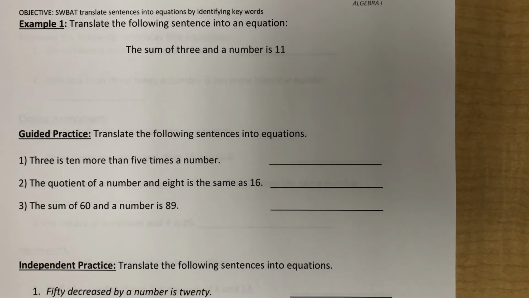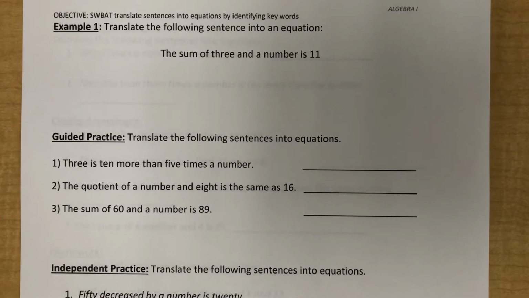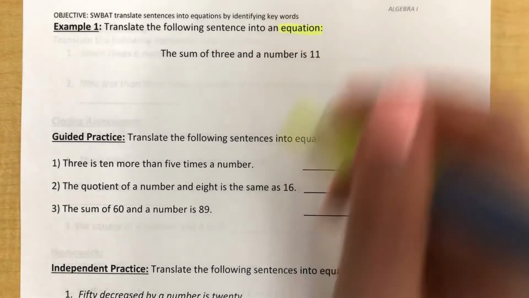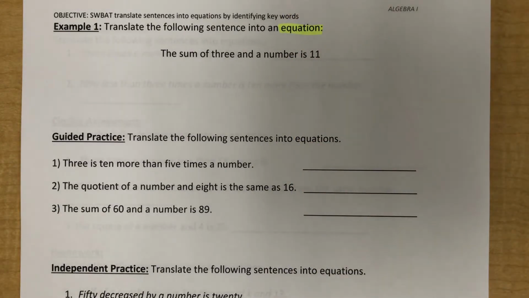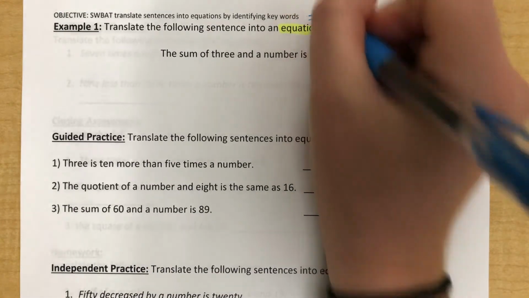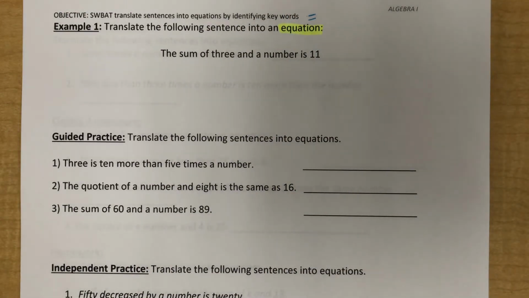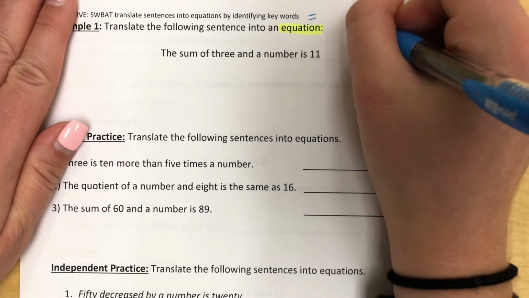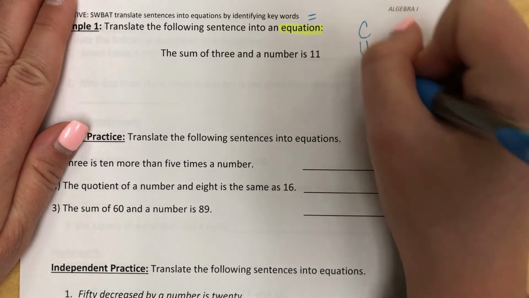All right, so as we look at the example up top here, it says translate the following sentence into an equation. All right, so I'm seeing the keyword equation. I know equation tells me that there's going to be some type of equal sign within. All right, I'm gonna just rewrite my steps on the side here because we're going to cube this question.